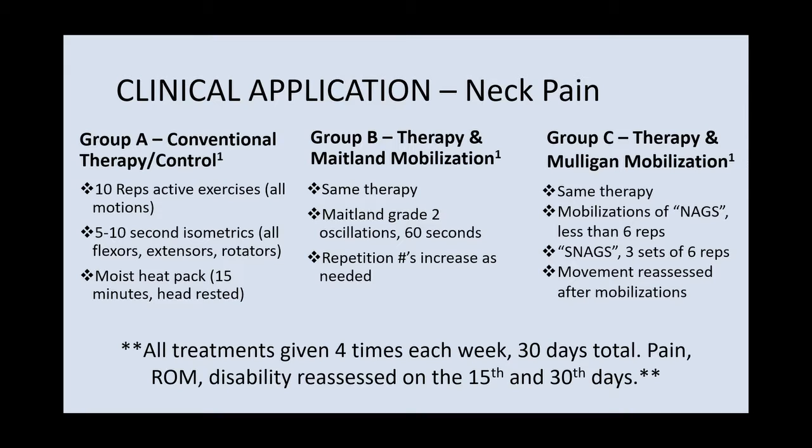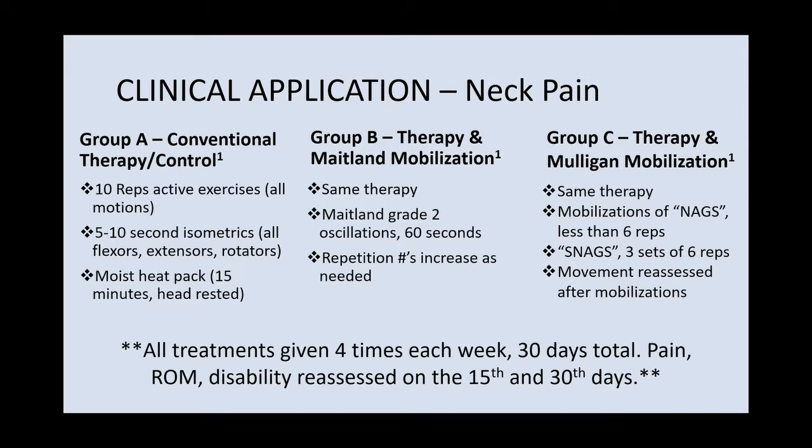And then the last group, Group C. So Group B was an experimental group, an intervention group, as well as Group C, that had the same therapy, but also had Mulligan mobilization instead of Maitland. These mobilizations consisted of NAGs and SNAGs, is like what I like to say.